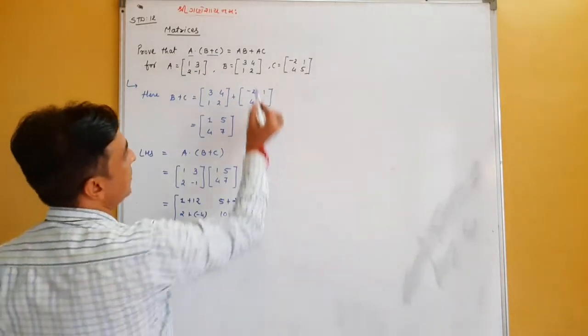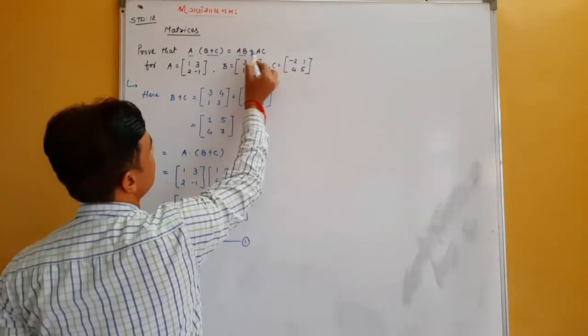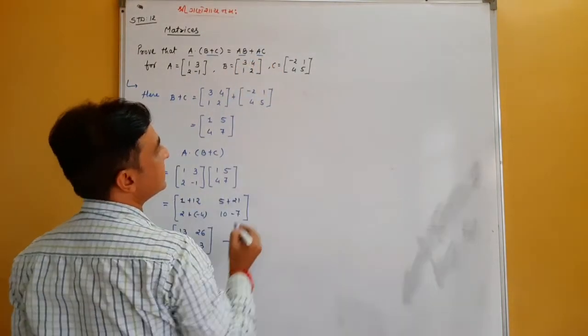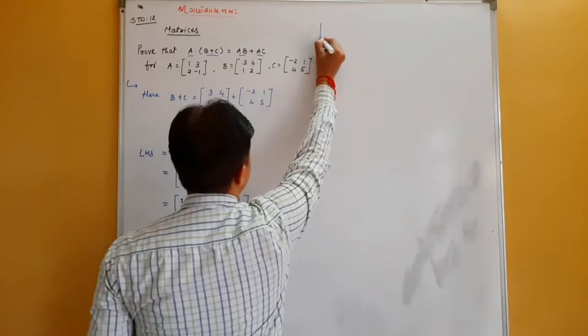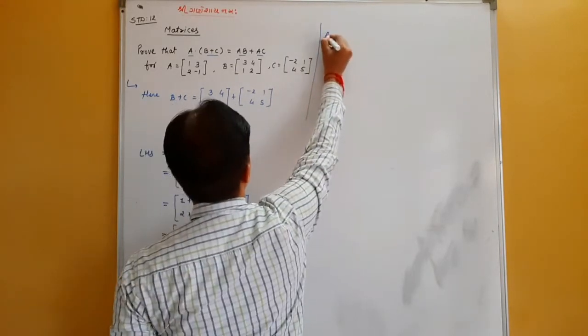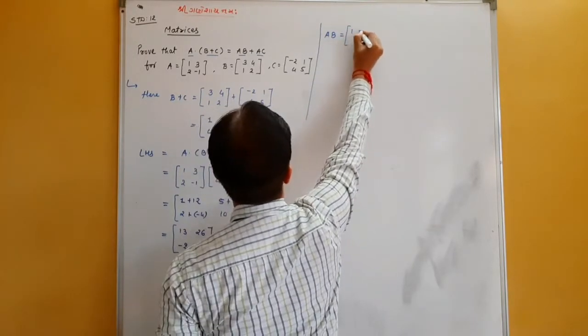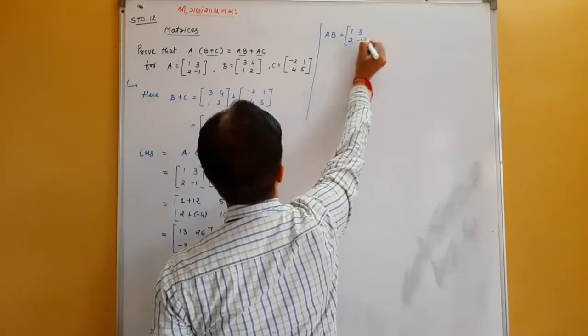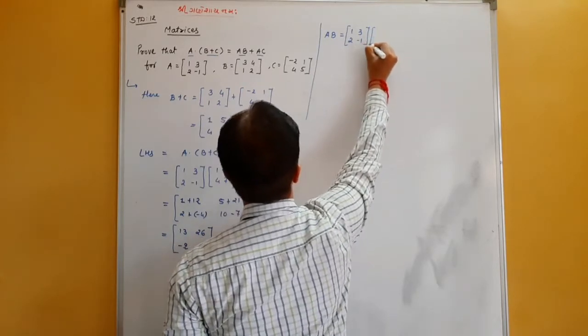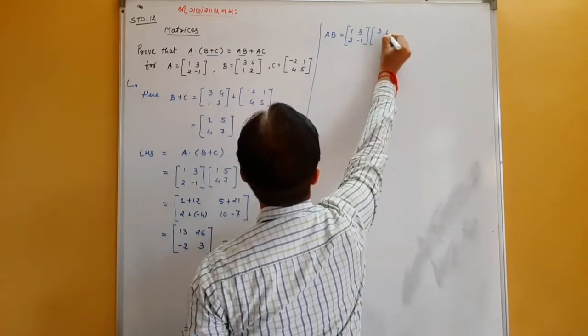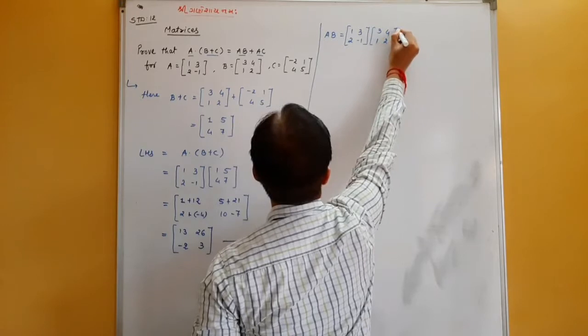Now go for the right hand side. So first AB, then AC. For that, let AB be equal to A, which is 1 3 2 minus 1, and B, which is 3 4 1 2.